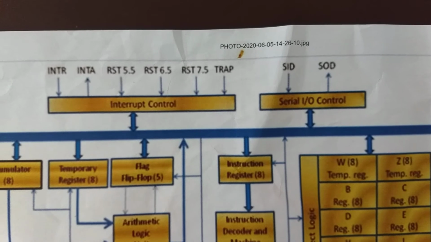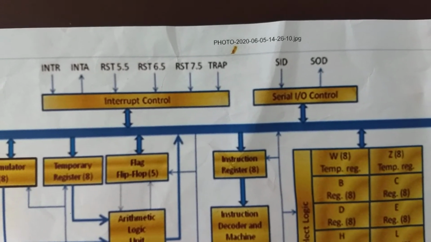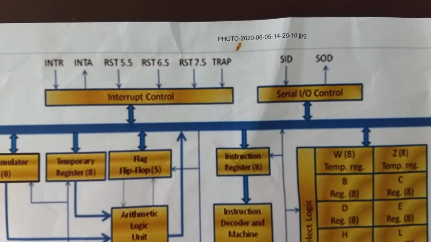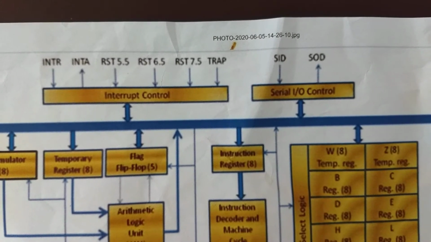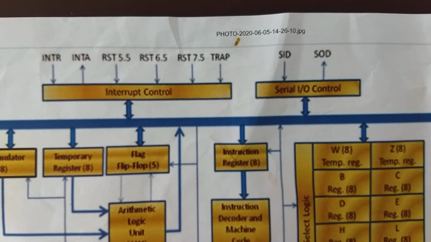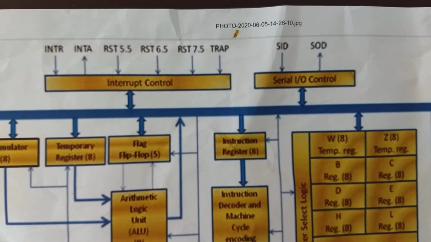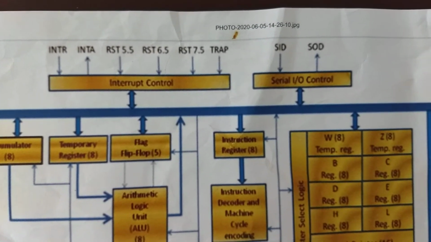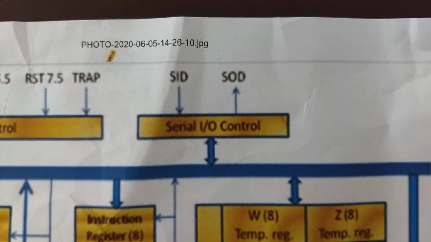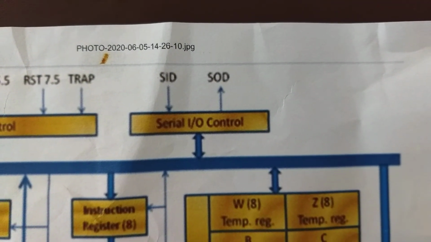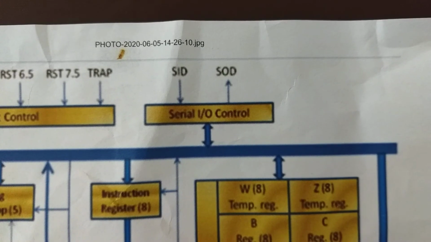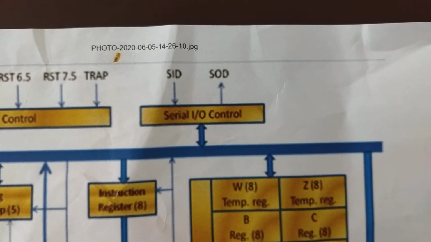I will teach you separately; those who would like to learn can write in the comment box. According to their priority, these interrupts can be handled by the microprocessor 8085. Then here is the last block, the serial I/O control, where data can be passed serially.